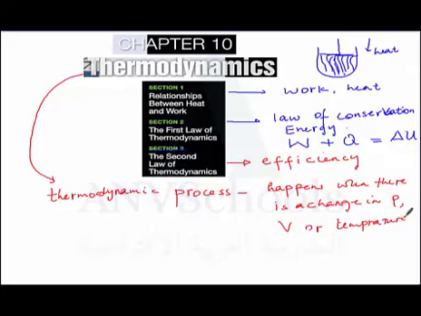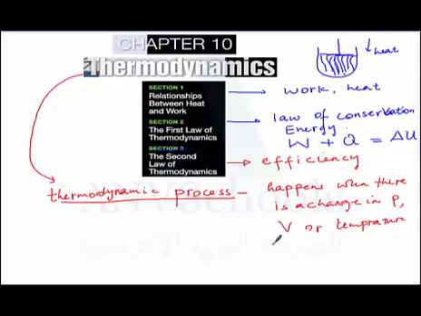These are called thermodynamic coordinates. So a thermodynamic process is a process that takes place when there is a change in pressure, volume, or temperature.